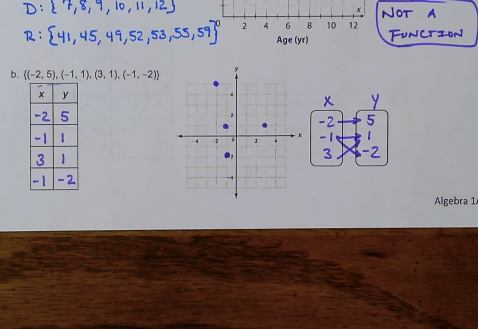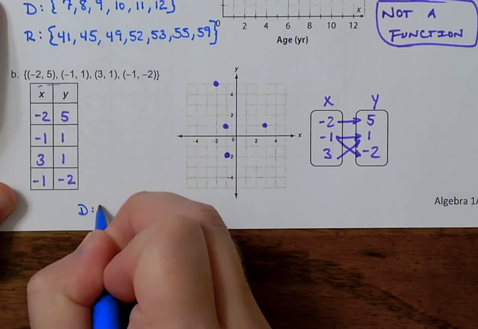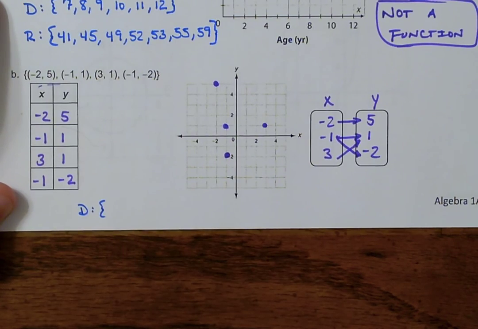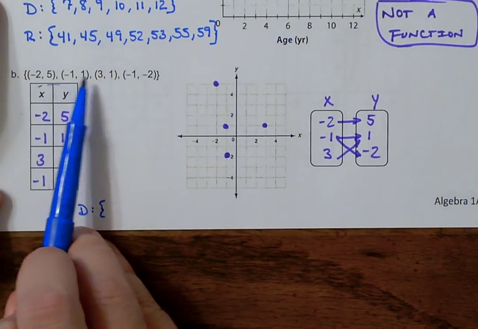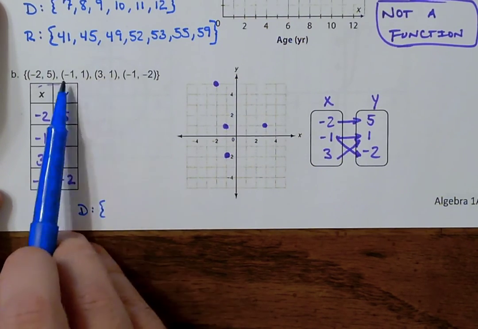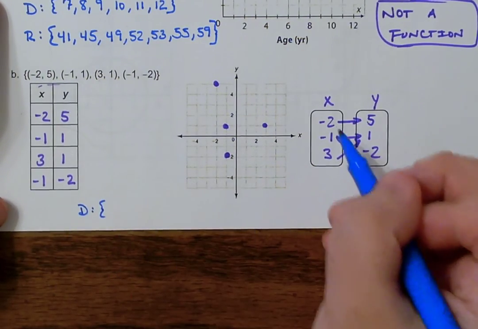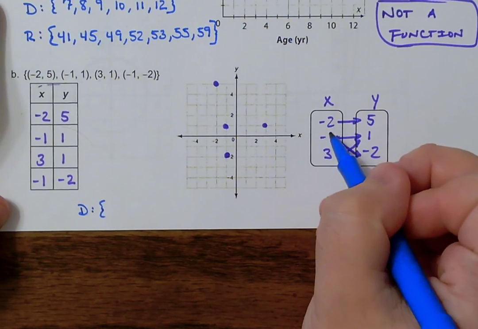All right, so if we are going through and listing domain and range, okay, again, domain is the x values for my relation. So it would be -2, -1, 3, and -1. Well, I already have -1 listed, so if I use my mapping diagram, it's -2, -1, 3.